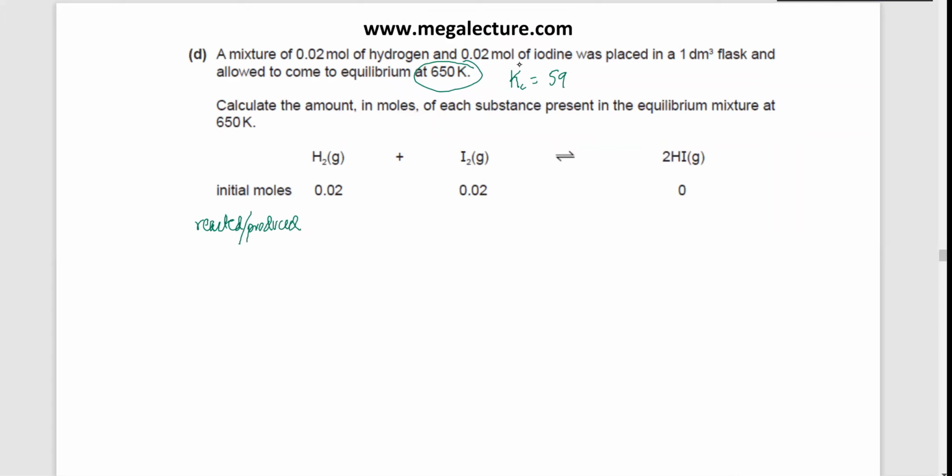Now, reacted and produced. We don't know how many moles are getting reacted. So I'm going to assume that X moles of H2 react. So it's 1:1. So if X moles of H2 react, then X moles of I2 would also react.